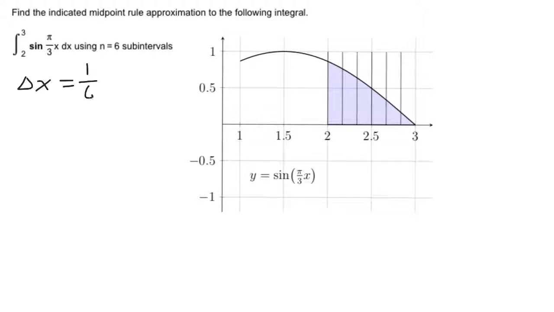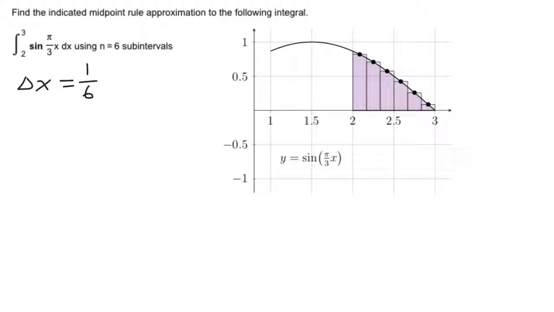So that's the width of each rectangle. And so I'll be multiplying that by the height of each rectangle. Now the heights are going to be at the midpoint of each of these 6 smaller subintervals. So let me replace this picture with a picture that has those points and the tops of the rectangles drawn.